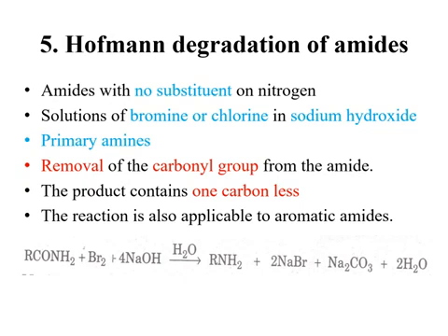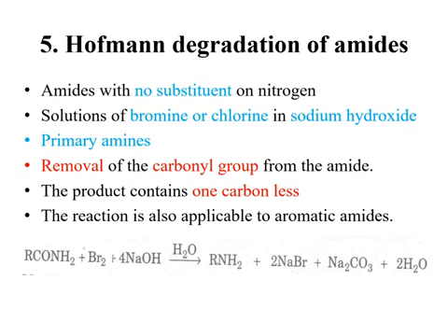As I told you at the start, there are two ways for production of amines from amide. One was reduction and the other is degradation. Whenever there is the word degradation, it means there is a breakage of something. So in this preparative method, the carbon chain will be broken and we shall get n minus 1 number of carbon atoms in the product.